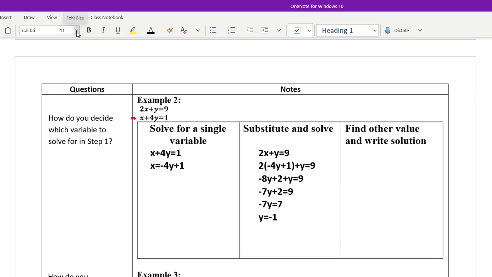Jumping over into our last column, just like our first problem, we go back to our very first line. This time we have a value for y, so I can replace my y with -1.